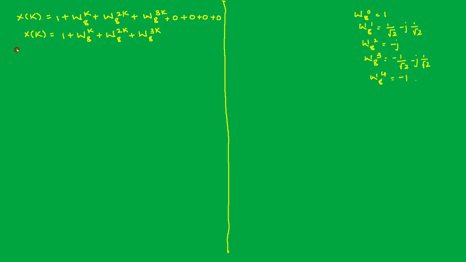So by substituting k is equal to 0, I will get x of 0 is equal to 1 plus w8 raised to k, which is w8 0, w8 2 into 0 is w8 0, and 3 into 0 is also w8 raised to 0. So I will get 1 plus 1 plus 1 plus 1, because w8 0 is 1, so I will get 4. So the first sample X of 0 is equal to 4, right?